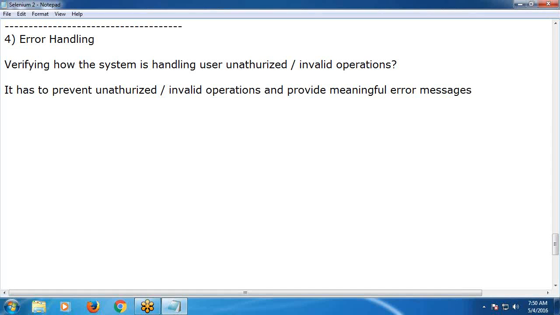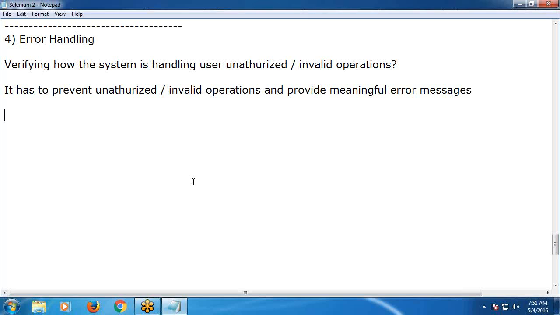For example, a login functionality is there. After entering username and password, we can log into the system. I entered username and password and submit. Then it is showing invalid username or password. Yes, it is a meaningful message.